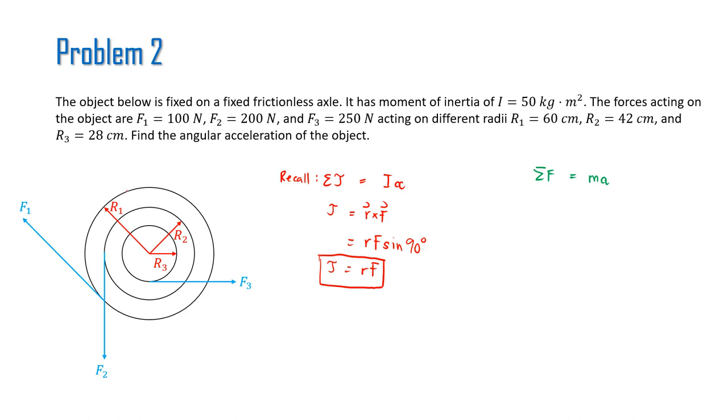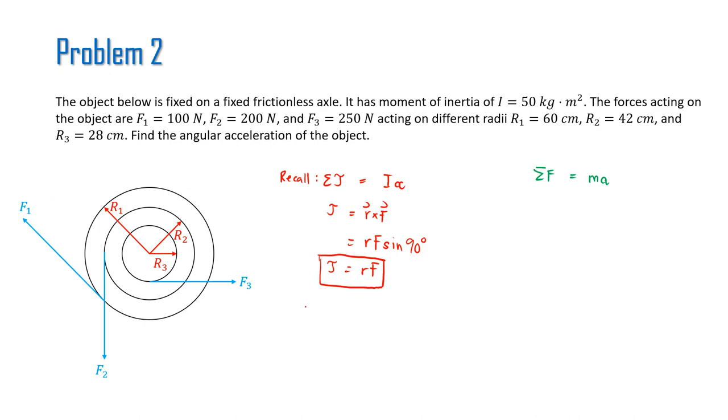We also have to note that counterclockwise torques are positive and clockwise torques are negative. So for instance, you have here F1, which is directed there. This causes a clockwise torque.